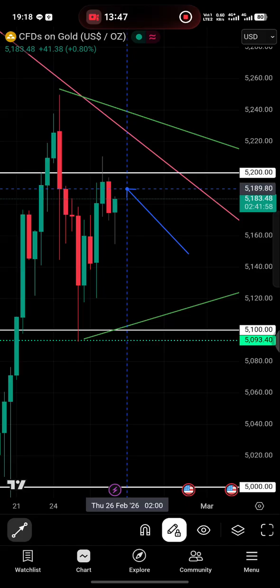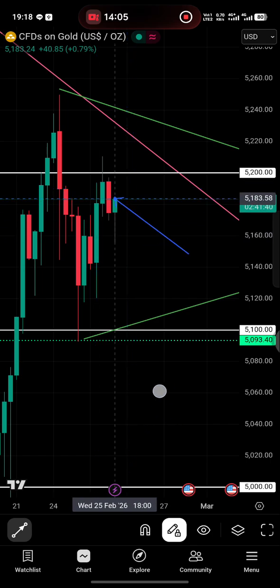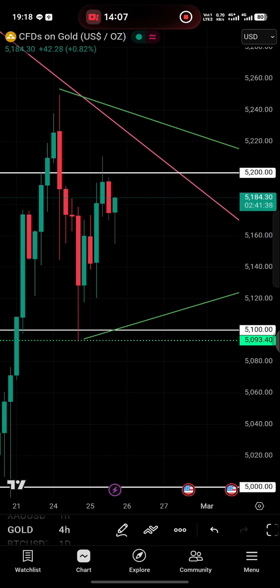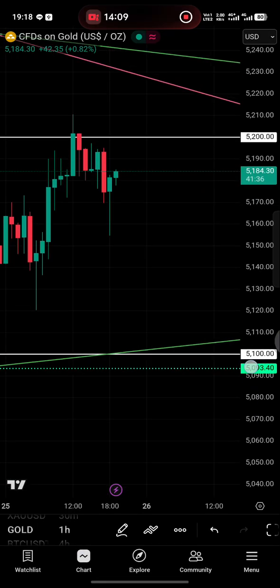The basic condition to prevent these things from happening is discipline. Don't enter a trade where there is no confirmation. Don't enter a trade where there are more risks than normally it would be, right?